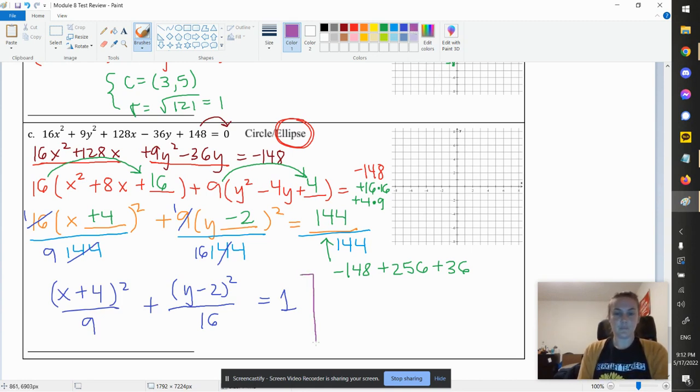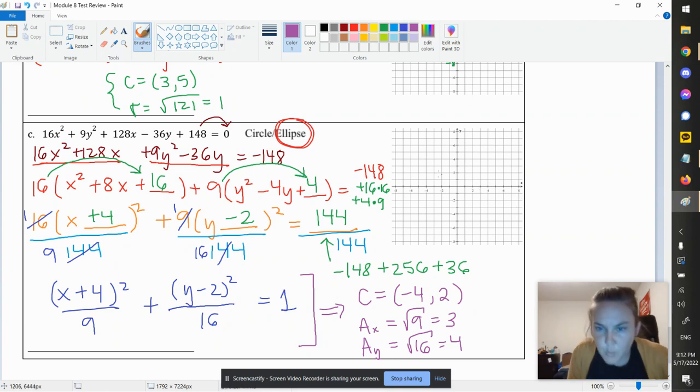Okay. We're going to interpret this. The center is -4, +2. The axis along the x, the side to side, the left and right, the x direction is 3, because it's the square root of 9. And then the axis in the y direction is the square root of 16, i.e. 4.